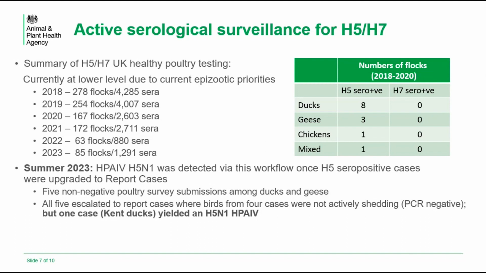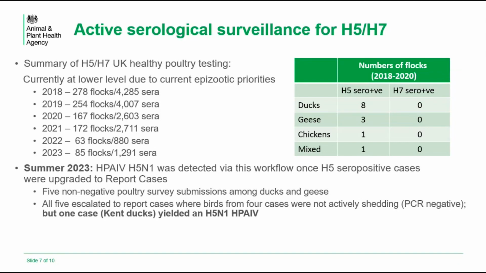When we were in peacetime in 2018 to 2019, we had over 250 flocks tested each year with over 4,000 sera. As we approach the epizootic year from 2020 onwards, the number of flocks tested has gone down. Especially in 2022, we only tested 63 flocks, but I guess we were in the peak of the epizootic then.